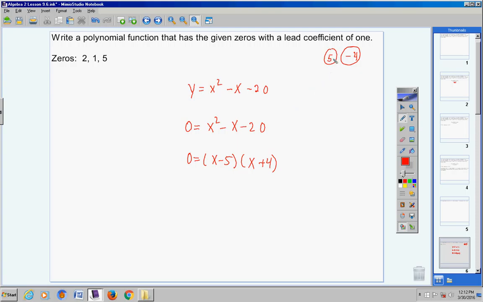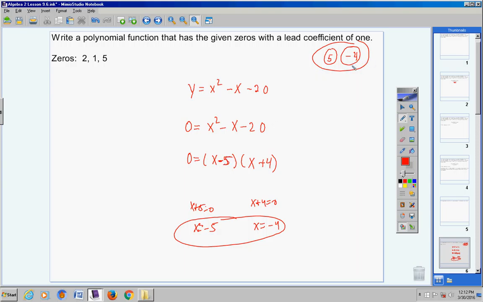Notice that one of the zeros is 5. Do you see that? Remember, if you took x plus 5, set it equal to 0 and solve, you get negative 5. I don't want to lose you guys here. Take this parenthesis, set it equal to 0 and solve, you get this. There's your zeros.